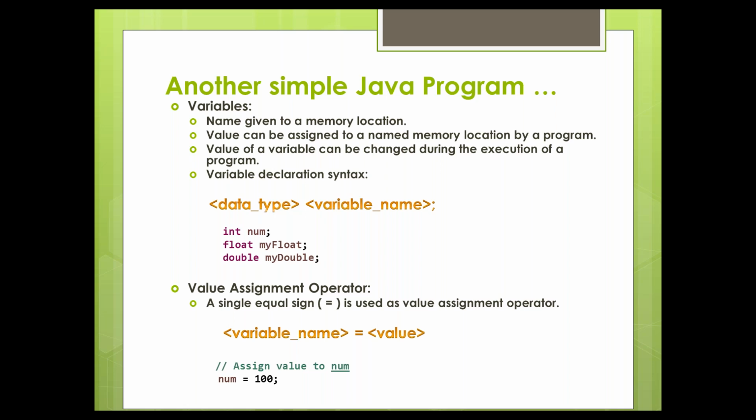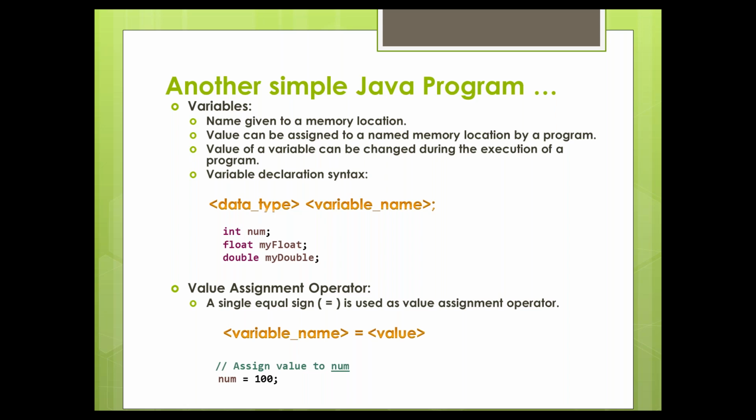So we give names to these addresses. We will not be able to remember or access the value through those addresses, which are in binary. Because of that, we give names to those addresses or locations. Internally, the program or the JVM takes the address of a memory location and associates it with the name that you give to that memory location.